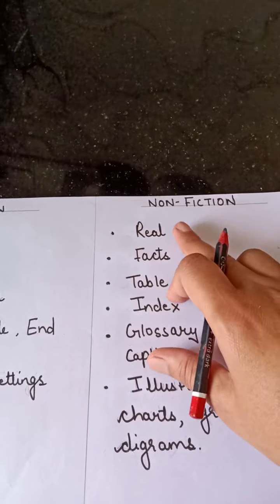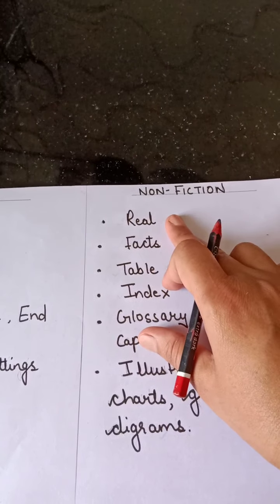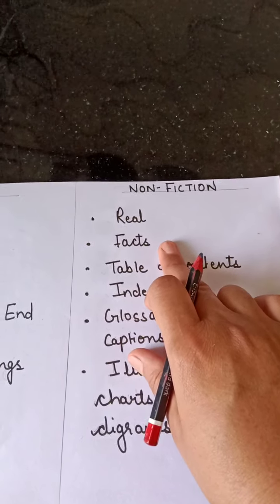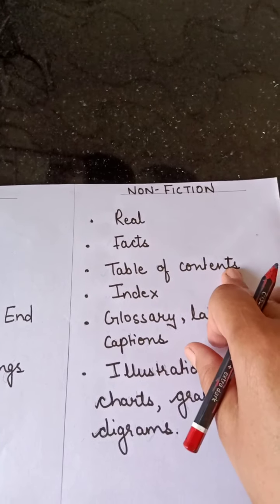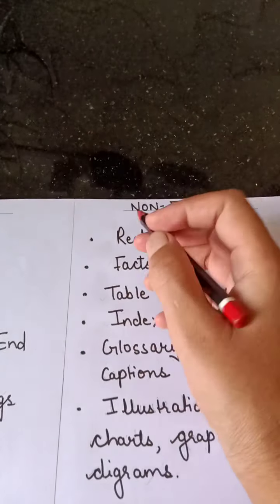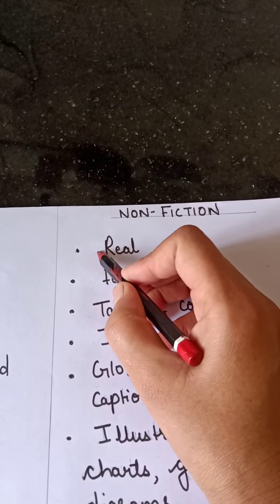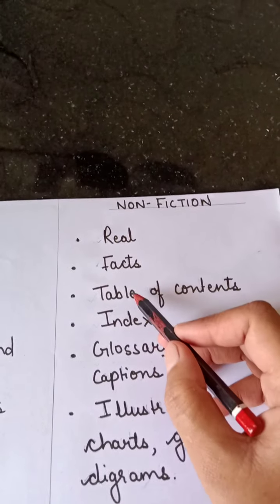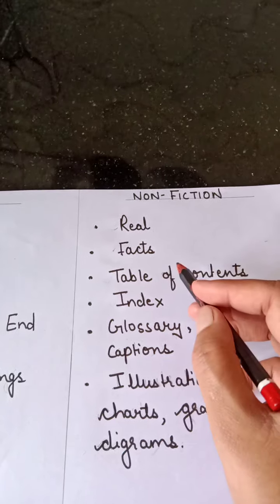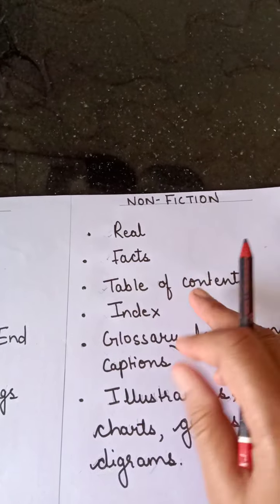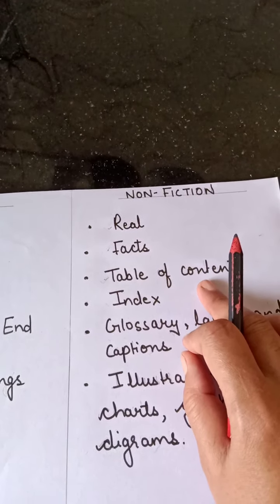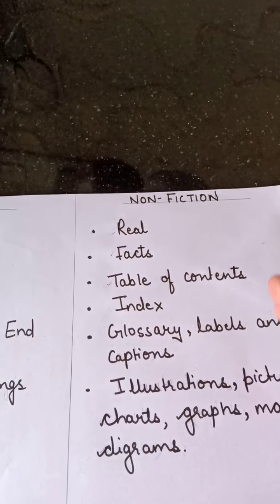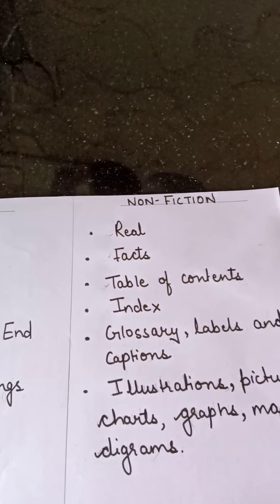So first of all, non-fiction means real. It's based on fact. It has table of contents. Let's start marking what we already know, okay? A non-fictional book has table of contents. So what is table of contents, children? Yes, the list of topics which are covered under the book.